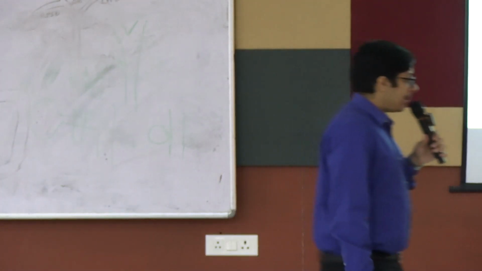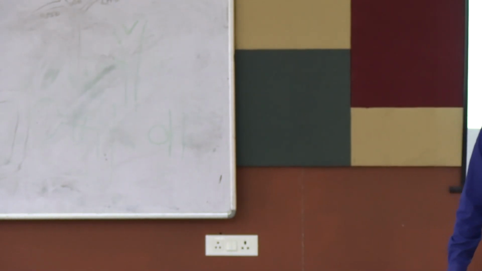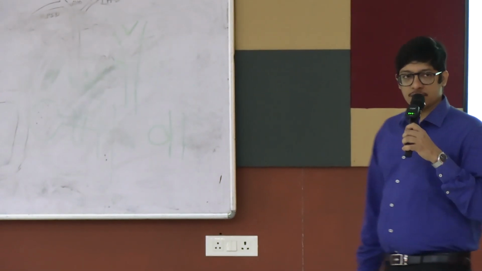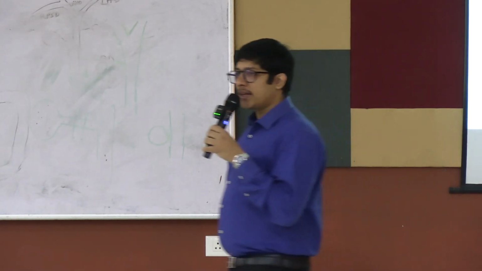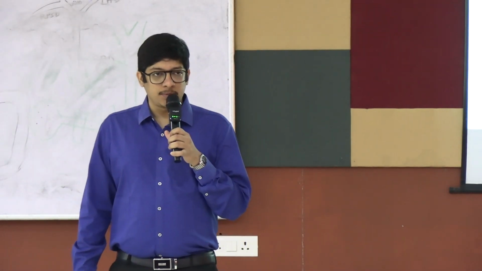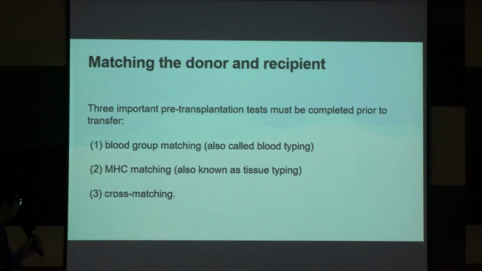So all this time, when we are talking about transplant, we are talking about rejection, right? But rejection is something that we don't want in a transplanted patient. We want the patient not to have a rejection. So how do we go about it?